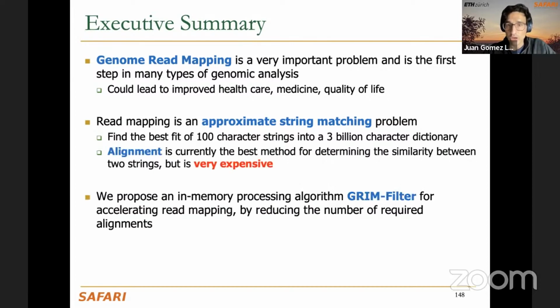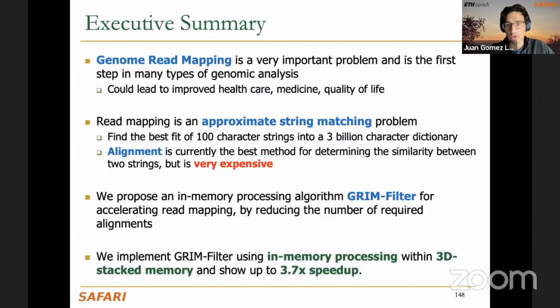By doing it in memory with GRIM-Filter, it's possible to greatly accelerate read mapping by reducing the number of required alignments. And as you can find in the paper, it provides a speedup of up to 3.7 times with respect to the baseline processor.